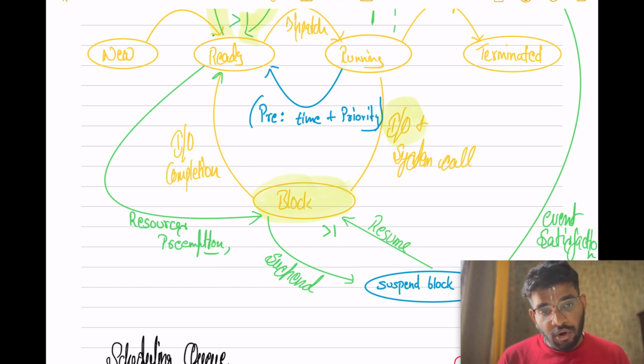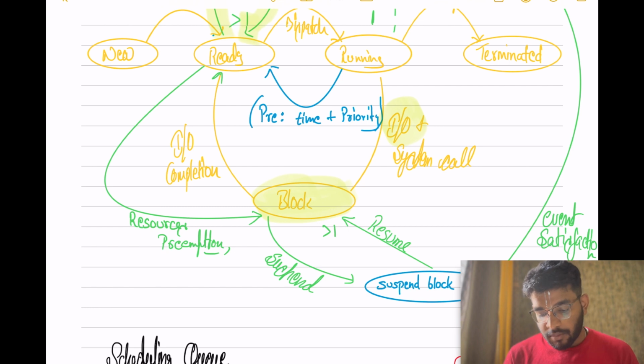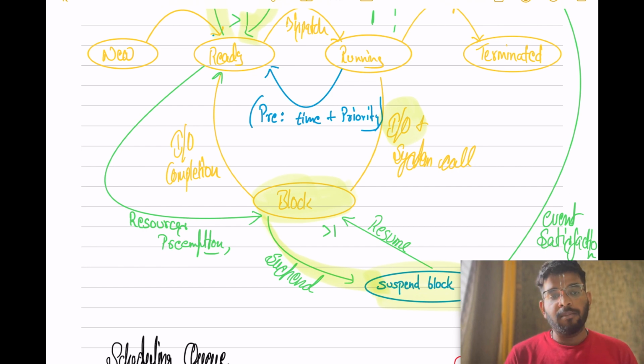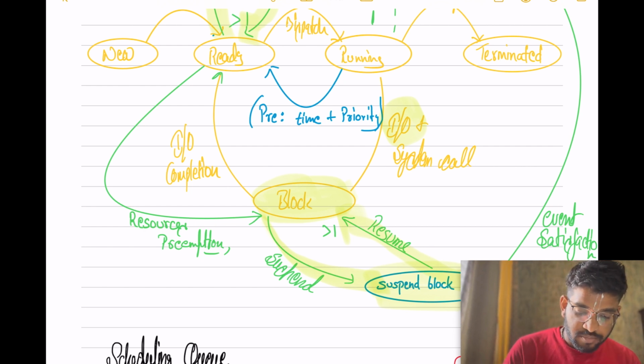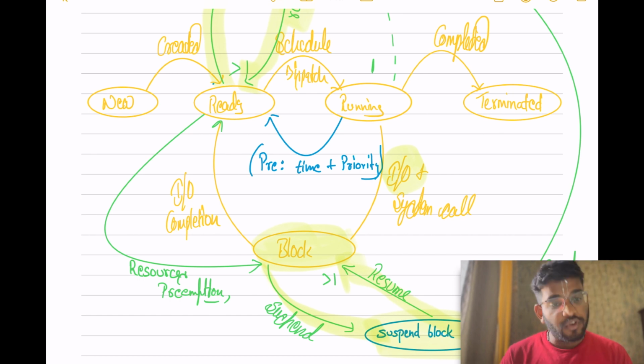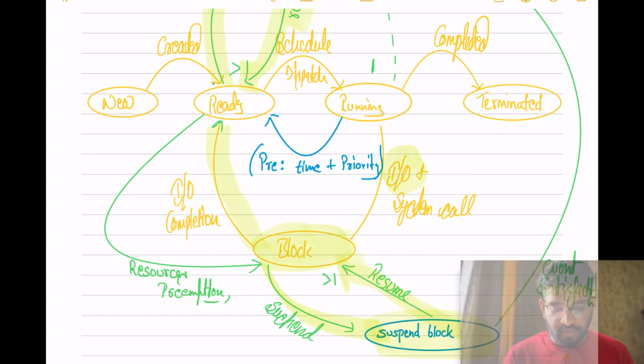Then it can also be suspended, and it moves to suspended block. To complete the IO operation, sufficient resources are not available. After IO completion it can go back to the ready state, which is similar to the previous diagram.